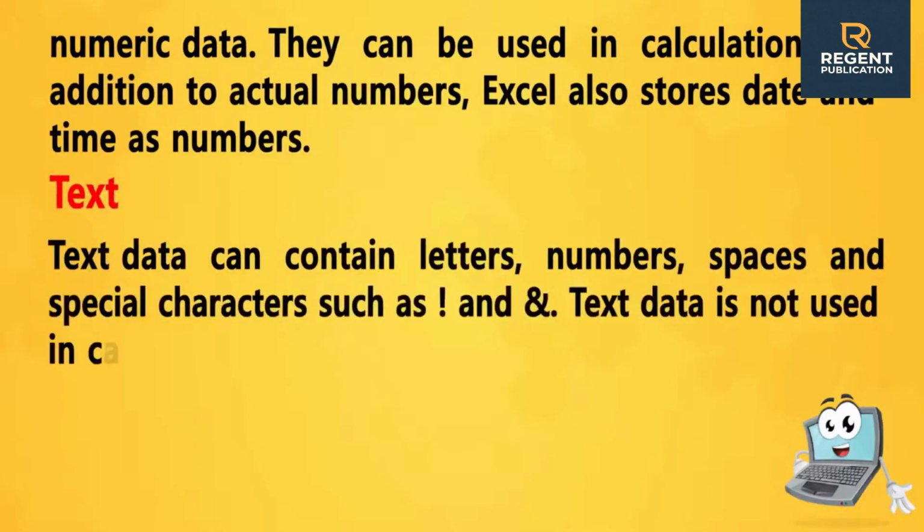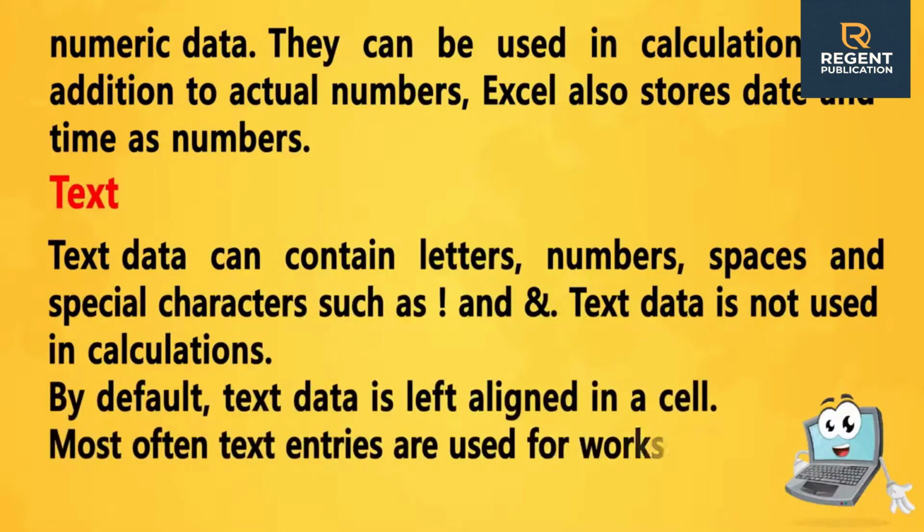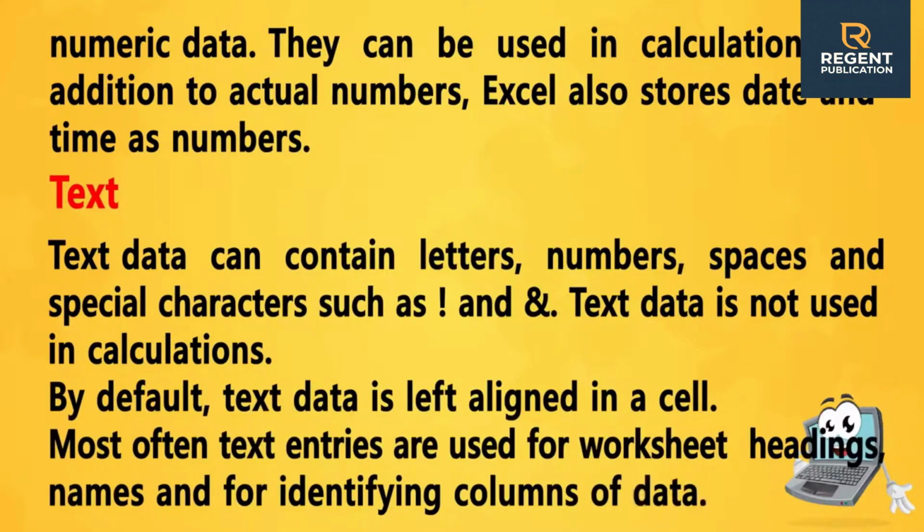Text. Text data can contain letters, numbers, spaces, and special characters such as exclamation mark and ampersand sign. Text data is not used in calculations. By default, text data is left aligned in a cell. Most often, text entries are used for worksheet headings, names, and for identifying columns of data.